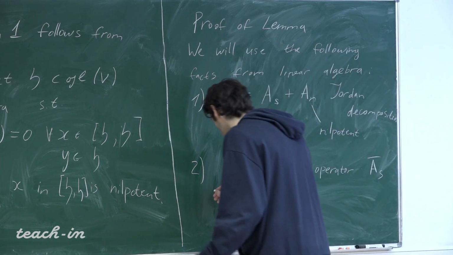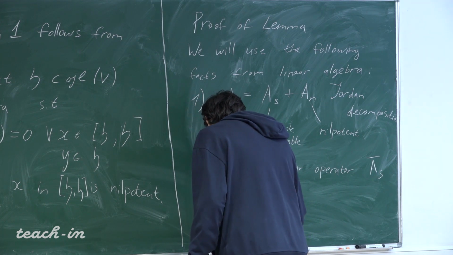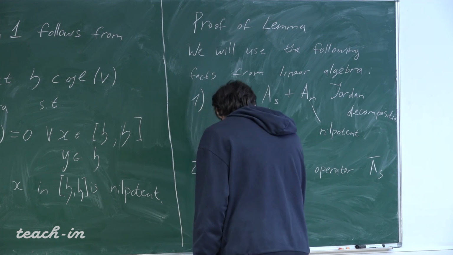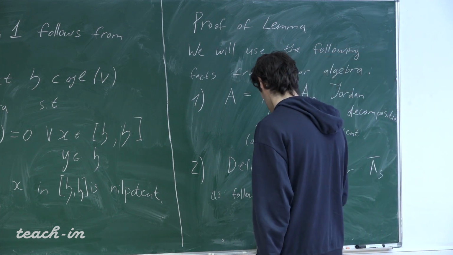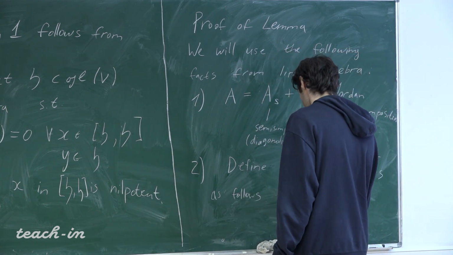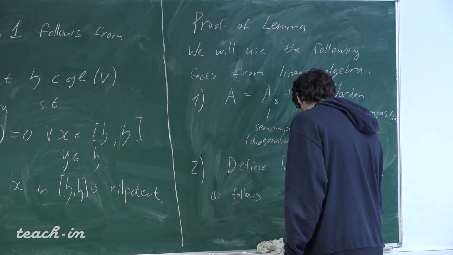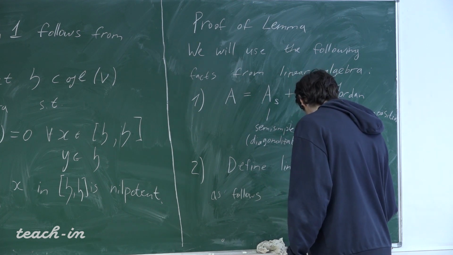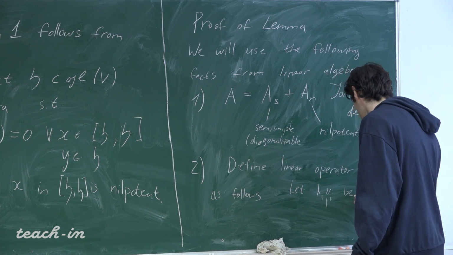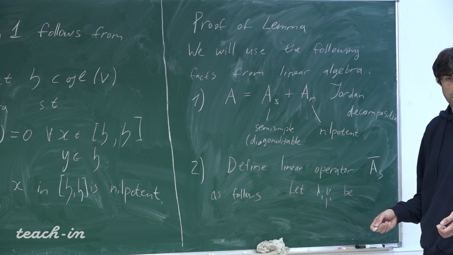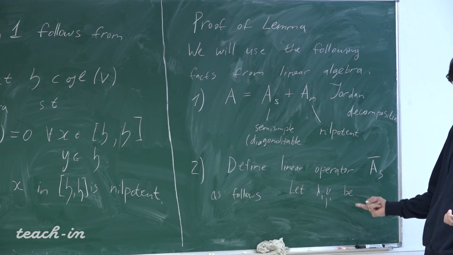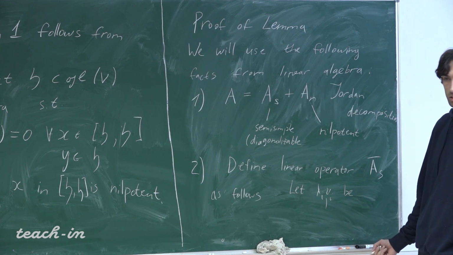Define as follows. Let lambda i and vi be eigenvalues and eigenvectors of A, some spectral data of A.